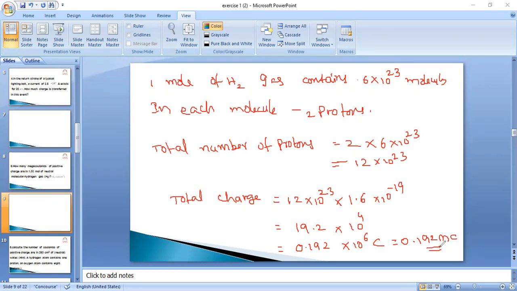So in 1 mole, there are always Avogadro number of molecules, which is 6 × 10^23. There are 2 protons in each molecule, and the total number of protons is 12 × 10^23. We calculated the total charge by multiplying with the charge of each proton. Next.